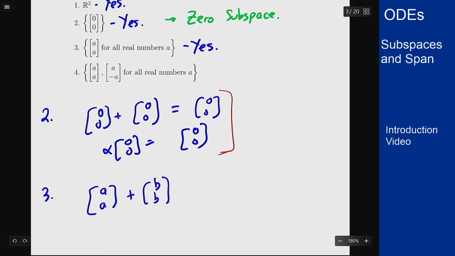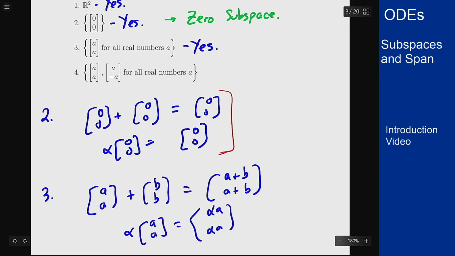For any of these two numbers, I can add these vectors, and I get (a plus b, a plus b), which is in the same form, so it is in this subset as well. And similarly, if I multiply a vector of the form (a, a) by a constant alpha, I get (alpha a, alpha a), which again fits the form. It is the same thing on top and the bottom. So this, again, is a subspace.